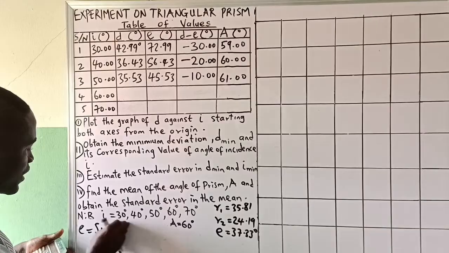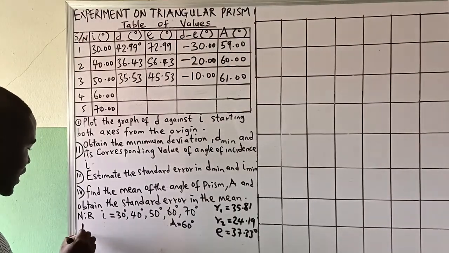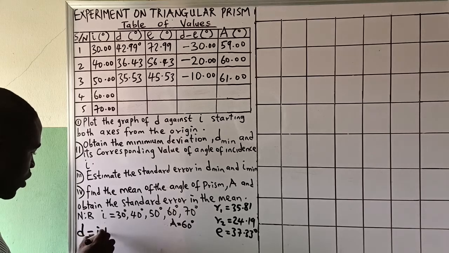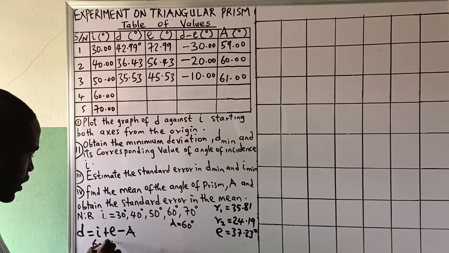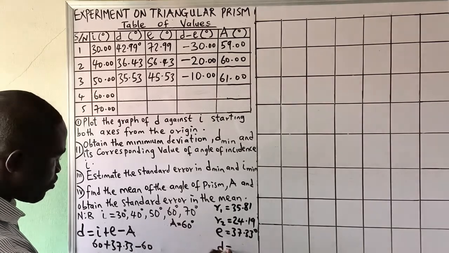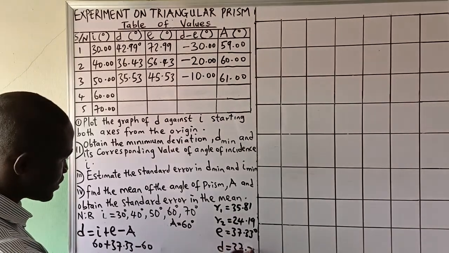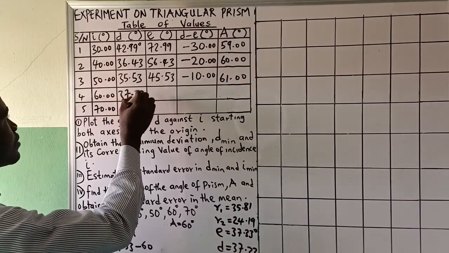Since we are to get all this from our experiment, we also say that our D equals I plus E minus A. That is 60 plus 37.33 minus 60. That will be giving you D equal to 37.33. So we have here 37.33.